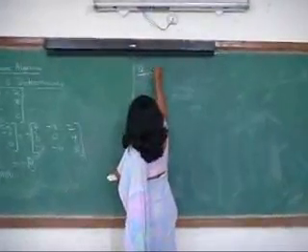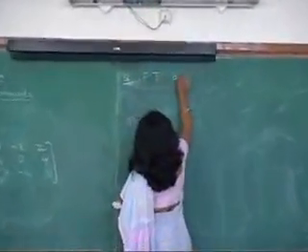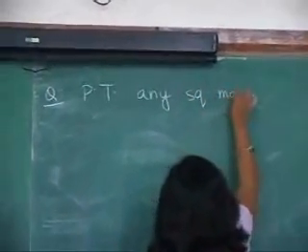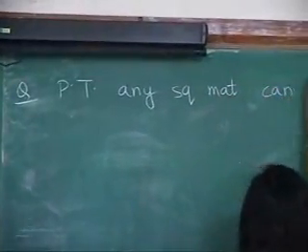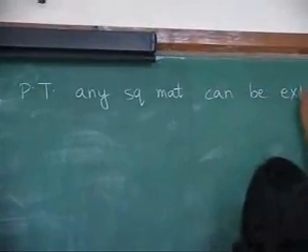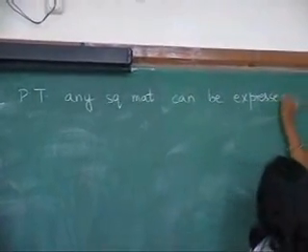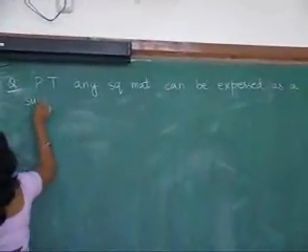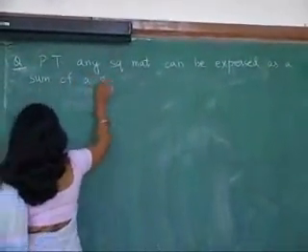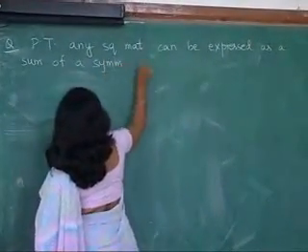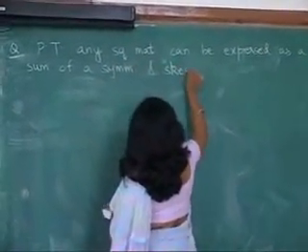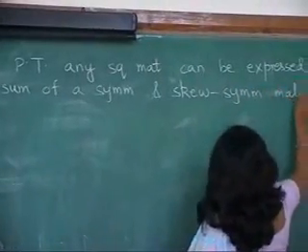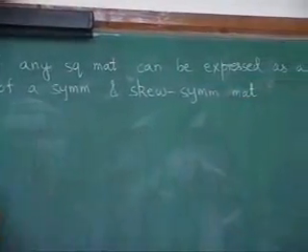This again is an interesting problem. We will show that any square matrix can be expressed as a sum of a symmetric and a skew symmetric matrix.